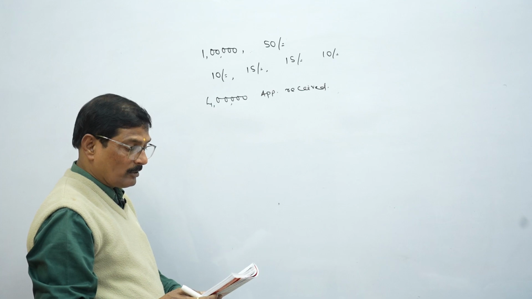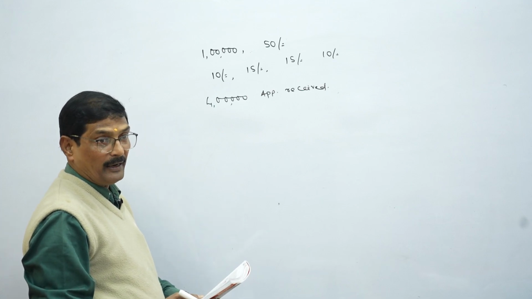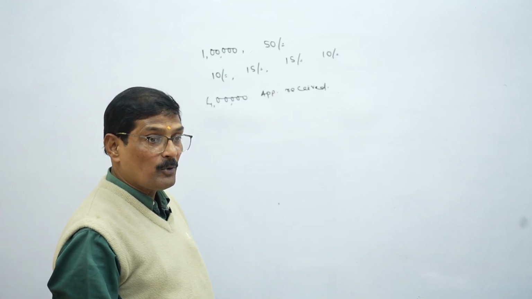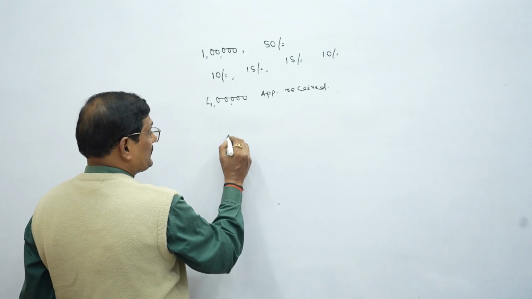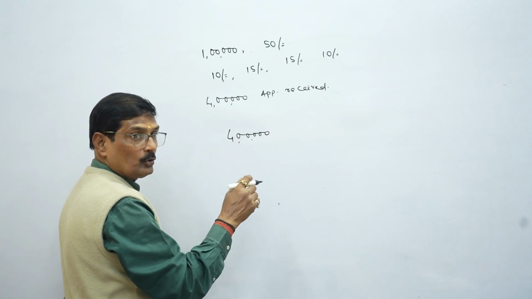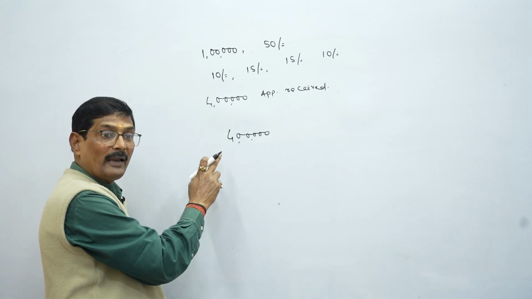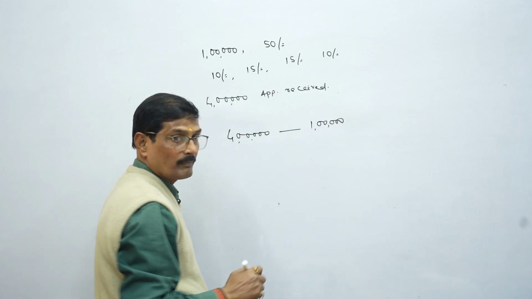Pro rata allotment of 25% of shares applied to every applicant means whoever, maybe if you have applied 100 shares, he will be getting 25. Means if he has applied for 4 lakh, 25% of 4 lakh is equal to 1 lakh, he will be allotted 1 lakh shares. Right.